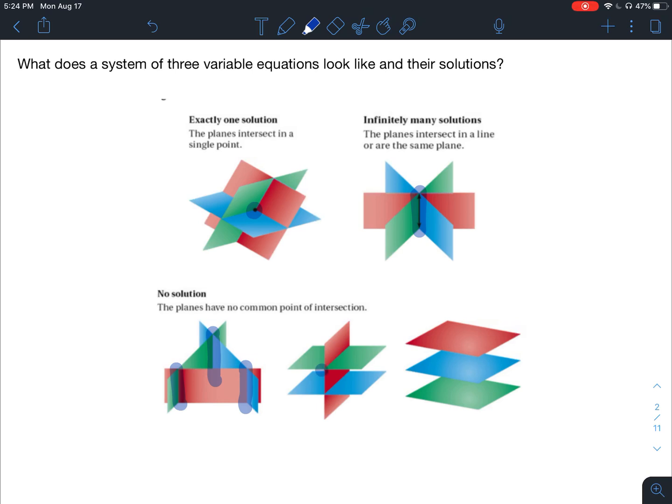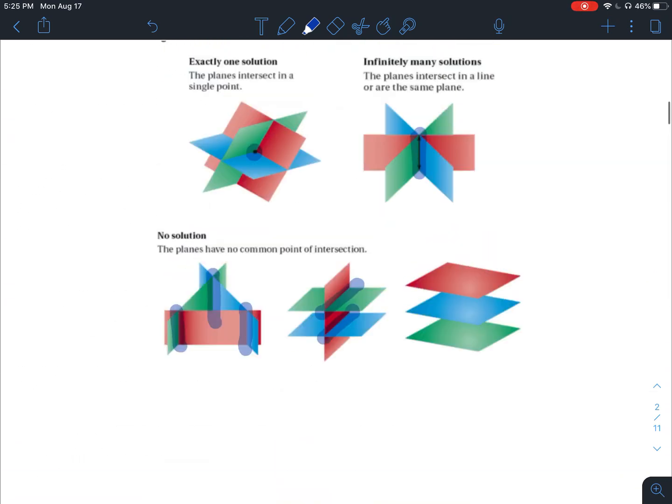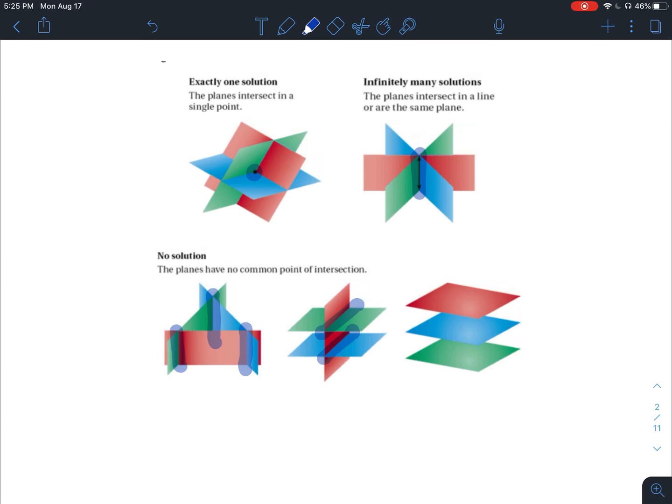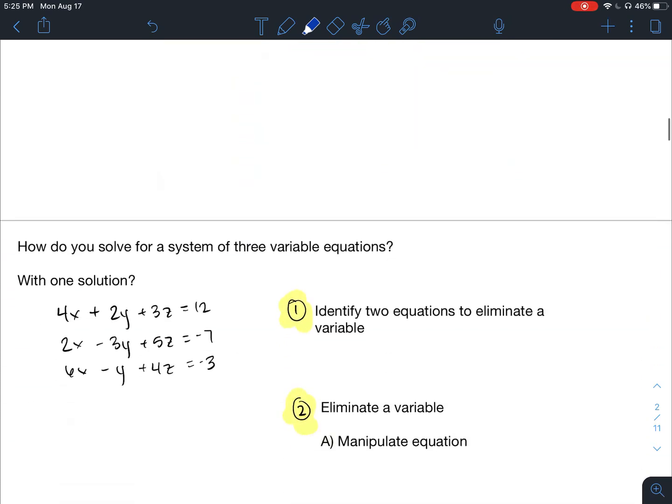On the middle one, you have the green and the red, you have the blue and the red, and that's pretty much it. The green and the blue planes do not intersect. And then over here, nothing intersects on the far right. So this is what I want you to visualize whenever we're working in a 3D space. So we don't have to graph this out. You won't be asked to graph any of this, but that's just what it looks like.